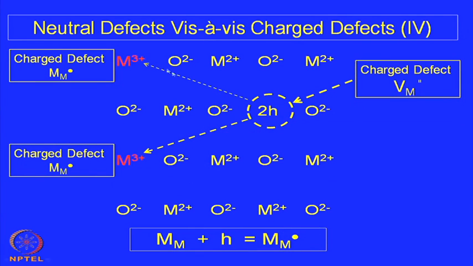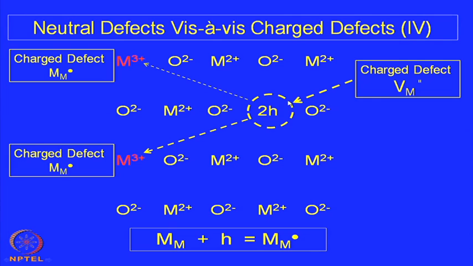Exactly in the same manner, these 2 holes have now gone back to 2 different metals. Okay. Once that hole is no longer there at that particular site, the charge distribution has been changed. So this has become effectively a negatively charged place, and this is a place where a metal was supposed to be.